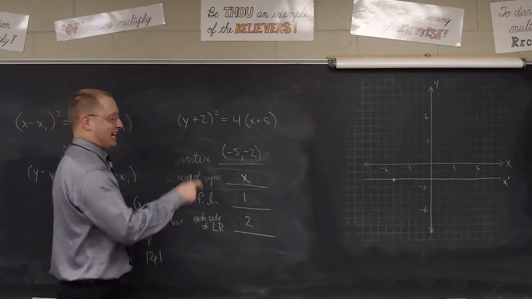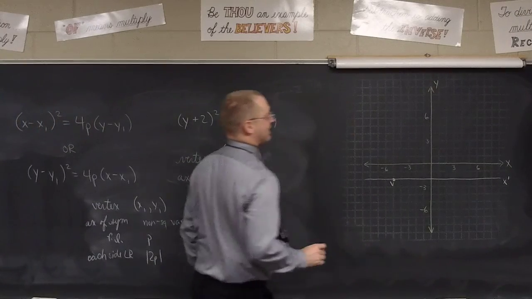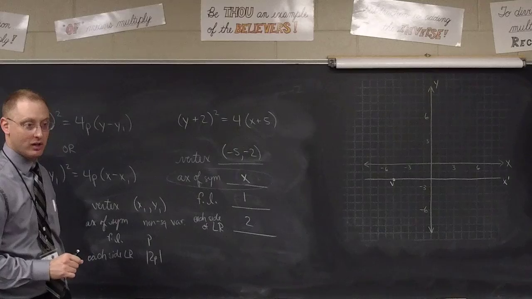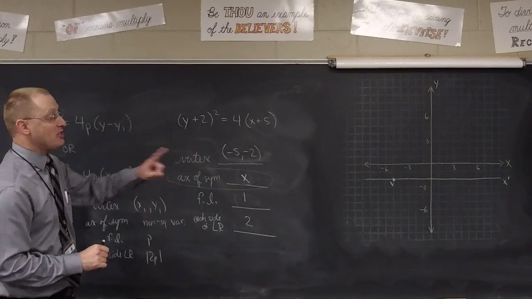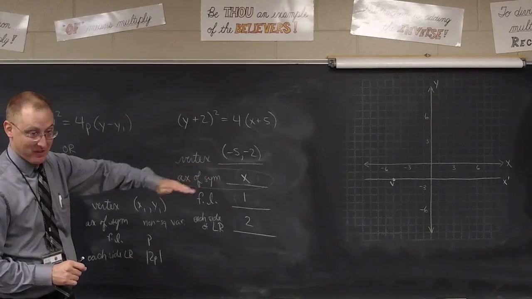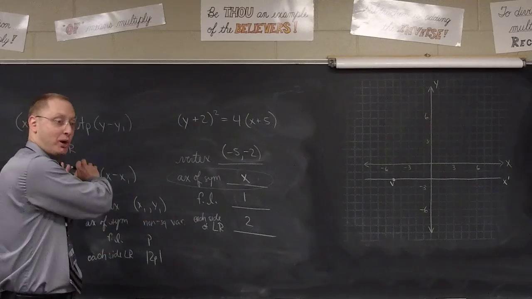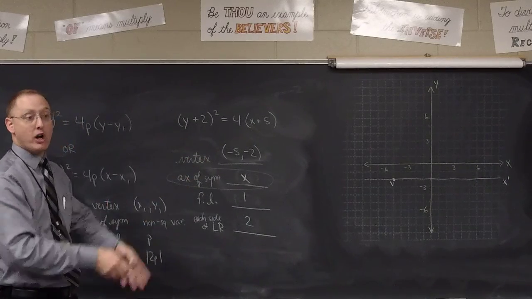On this x-axis, from my vertex, I need to go to the right. And the reason you draw the axis is you don't go up, right? By drawing it, it forces you to keep your eye moving sideways, whereas in the last one, we wanted our eye going up and down.